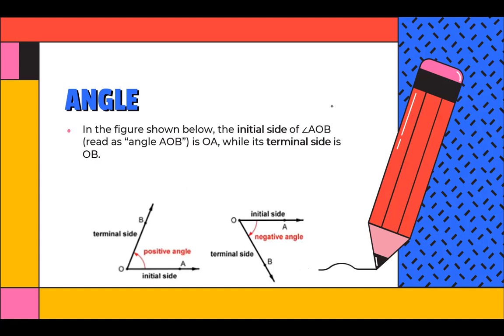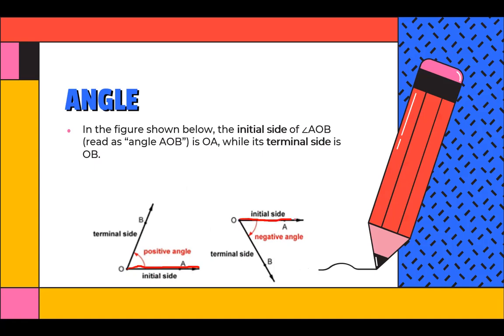Now, in the figure shown below, we have two different angles. They are both called angle AOB, and the initial side of both angles AOB is OA. This side is the initial side.